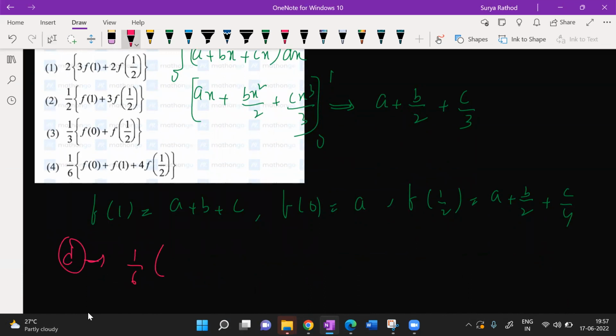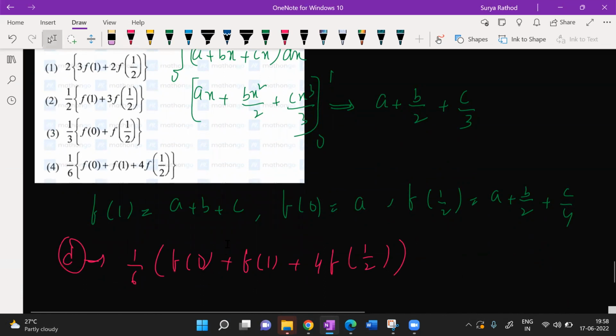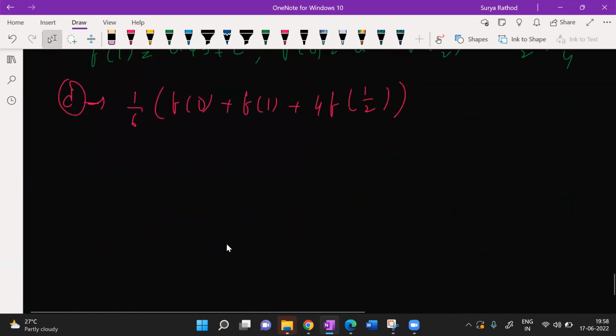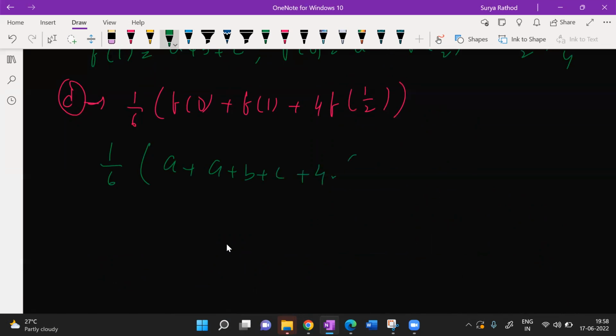Option D, look at this here. 1 by 6 times f of 0 plus f of 1 plus 4 times f of 1 by 2. Let us check how it is happening. F of 0 is a. F of 1 is a plus b plus c. 4 times f of 1 by 2 is a plus b by 2 plus c by 4.